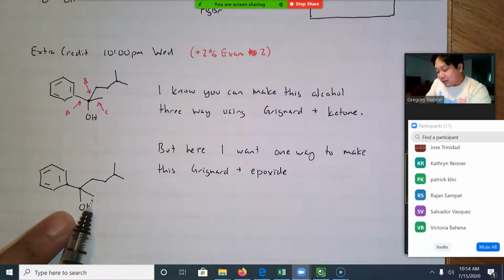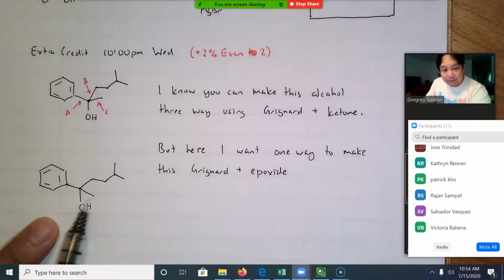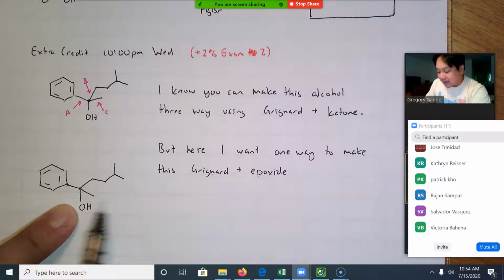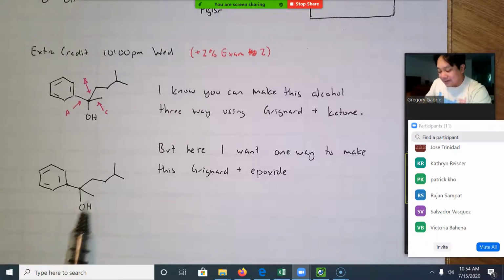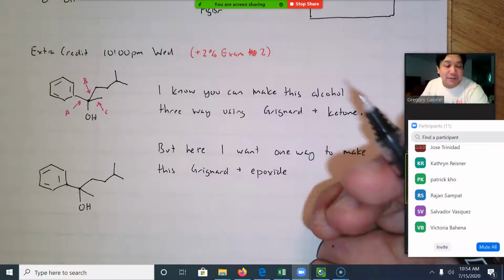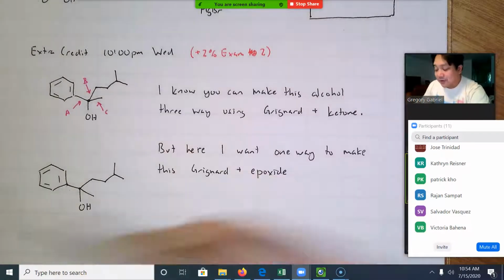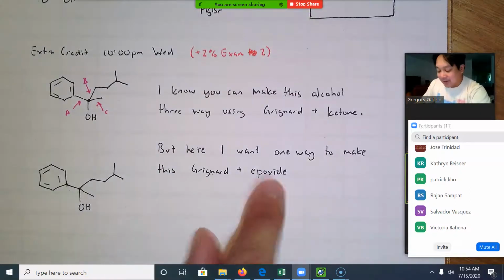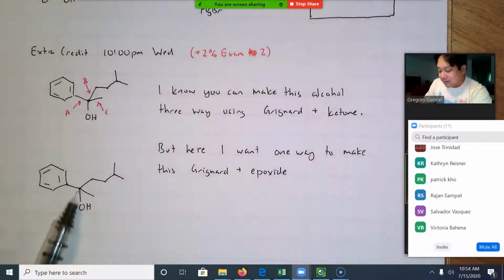I could make the epoxide here, right? But that doesn't make any sense because I'm not attacking this carbon here, right? This would be the less substituted. So if I had more junk here, yeah, I could have used an epoxide that looks like this. That only leaves us one opportunity. So here's your hint. Your epoxide is between these two carbons.